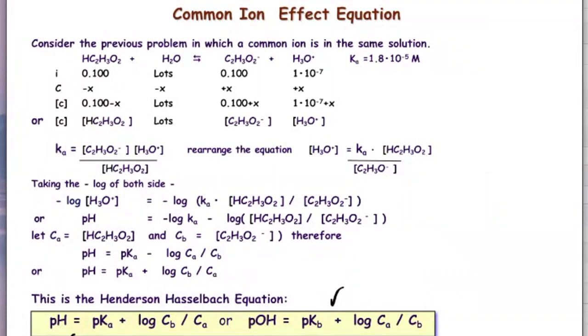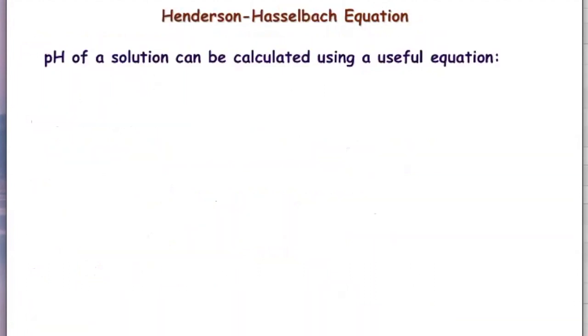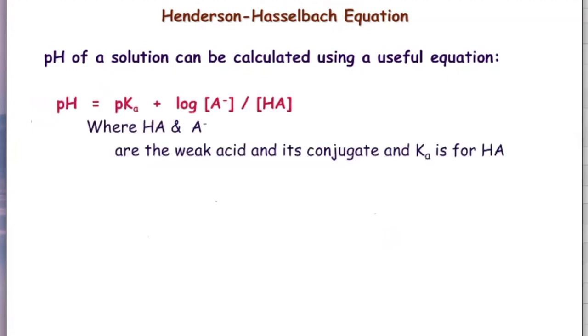In the pOH, you need the pKb of the base. And here, instead of the base over the acid, it's the acid over the base. So please keep that in mind. It's the inverse of the pH equation. So the pH of a solution can be calculated using this powerful Henderson-Hasselbalch equation.